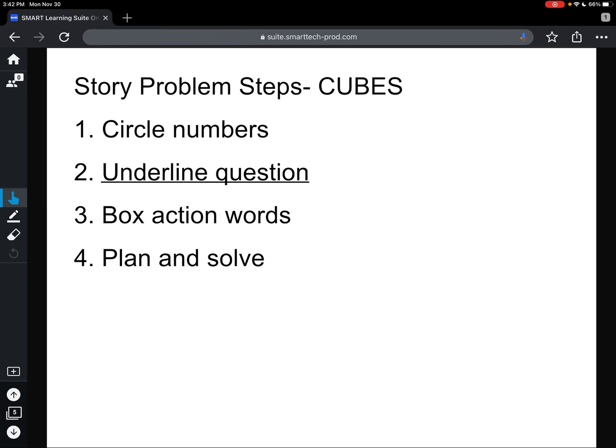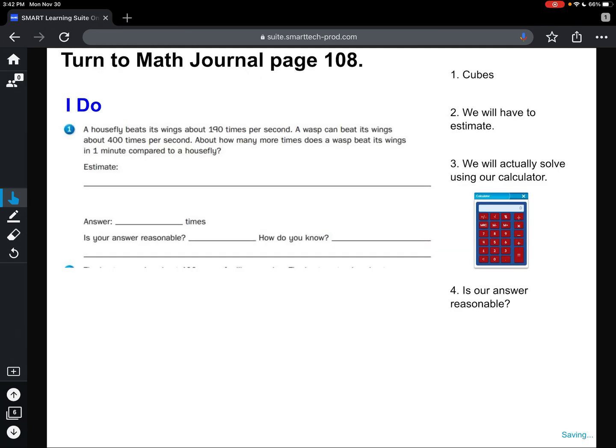As a reminder, when we do story problems, we must use cubes to solve the problems. We start by circling the numbers, then we underline the question, we box the action words, we make a plan, and then we solve. Now you're going to turn to page 108 in your math journal.